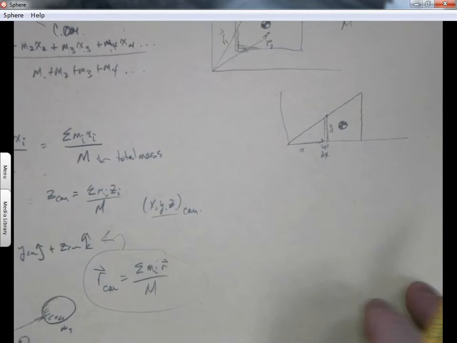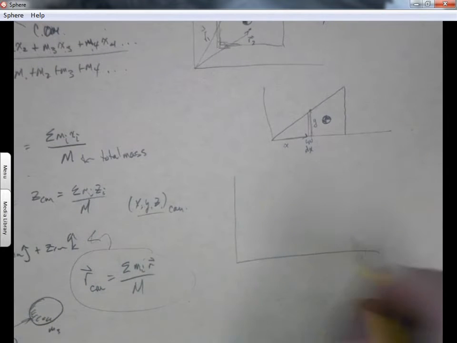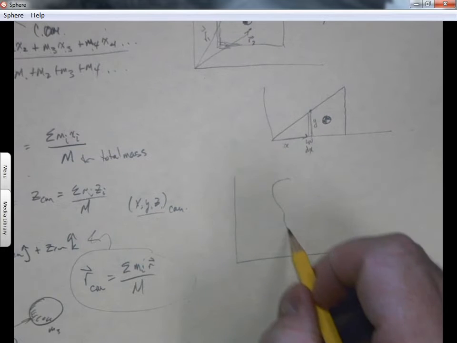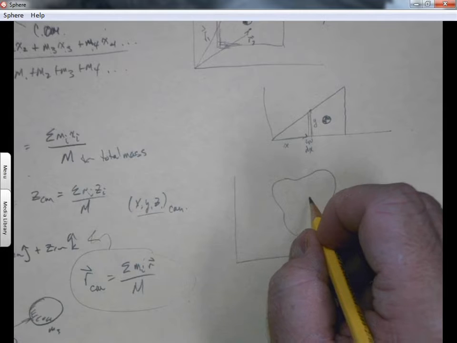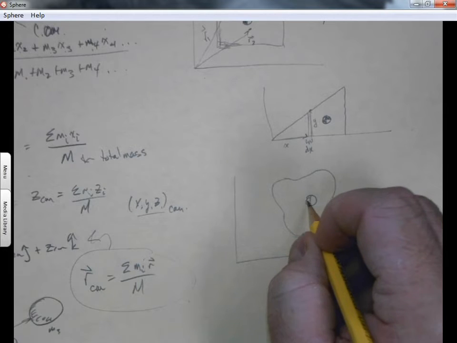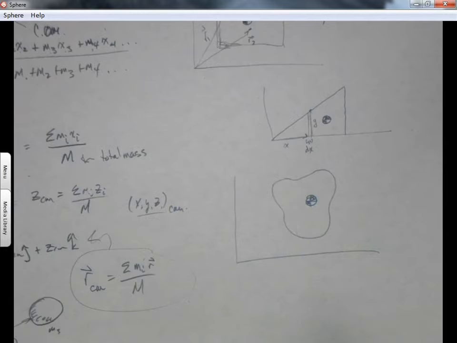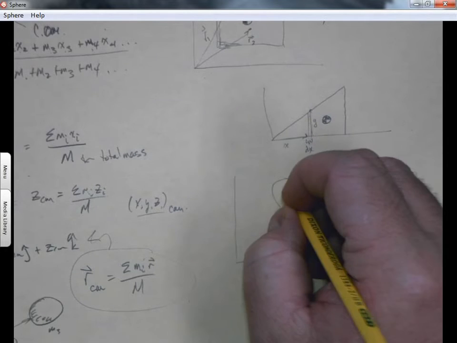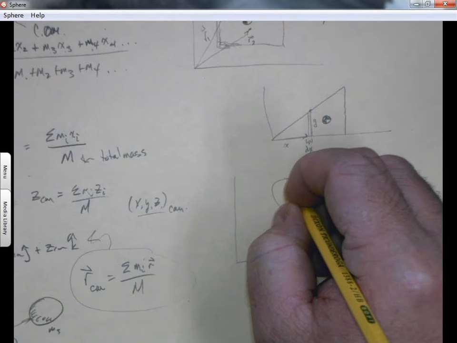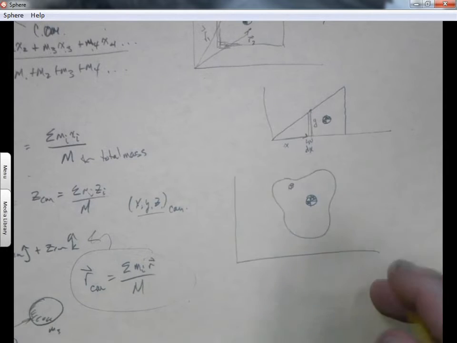So we have a more nondescript object here. It looks like it's going to have a center of mass about there. Okay, and this is going to be made up of a whole bunch of little pieces, and we're going to have this little square right here.